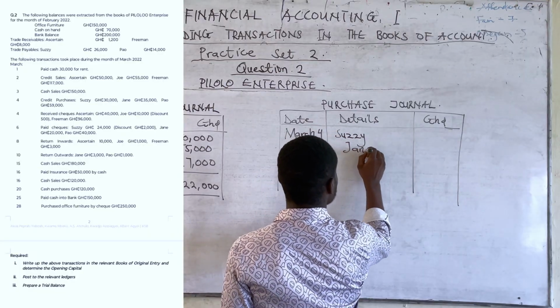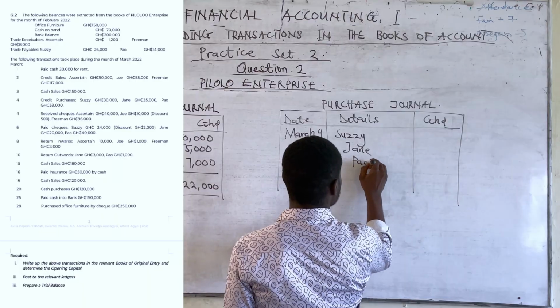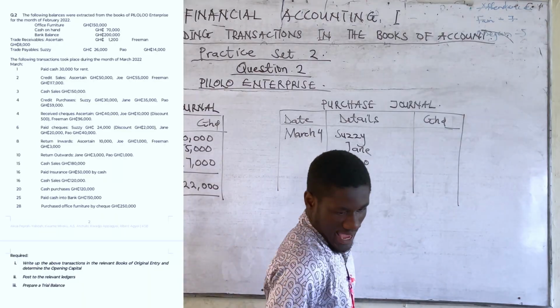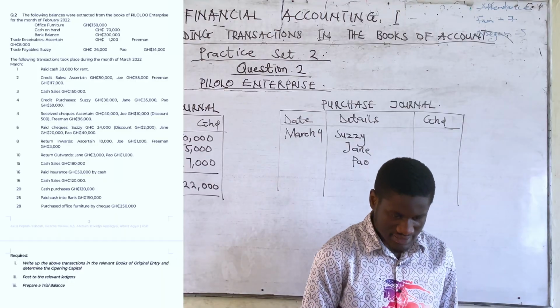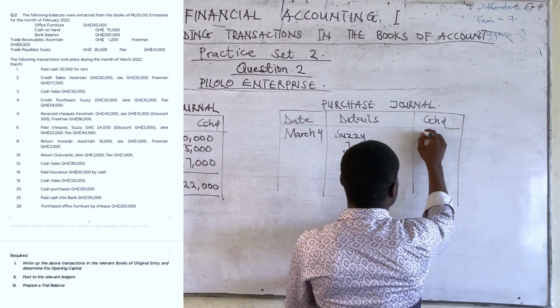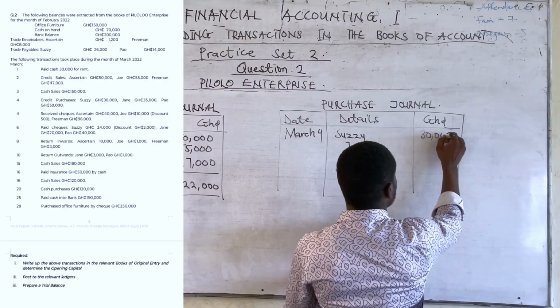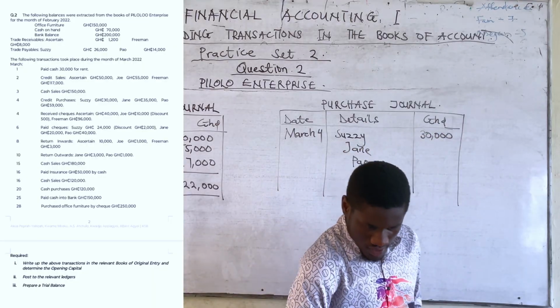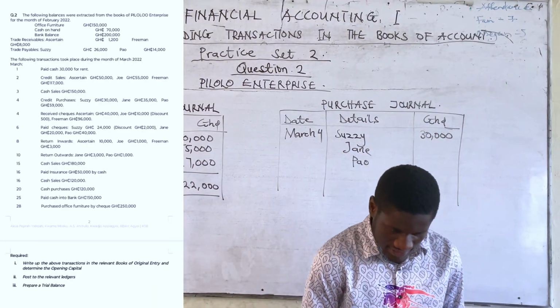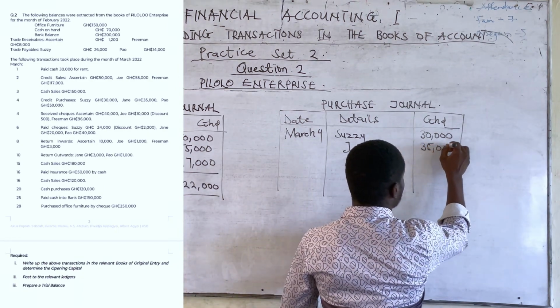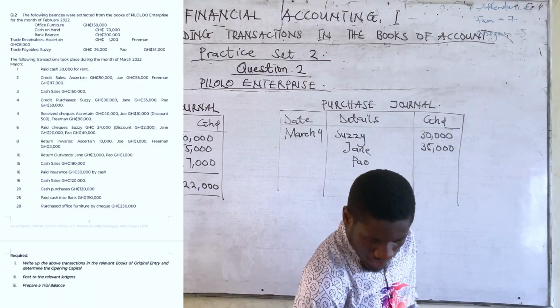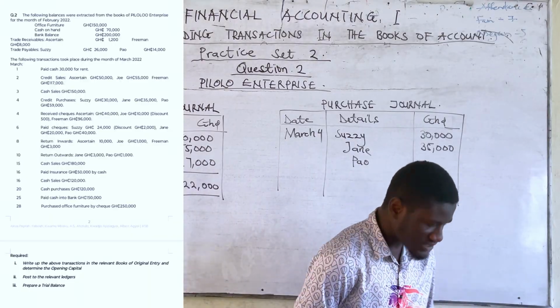The amount was 30,000 for Susie, and 35,000 for Jane, and Paul was 59,000.